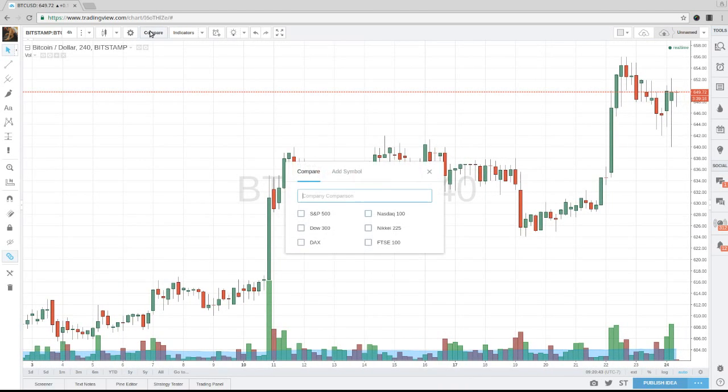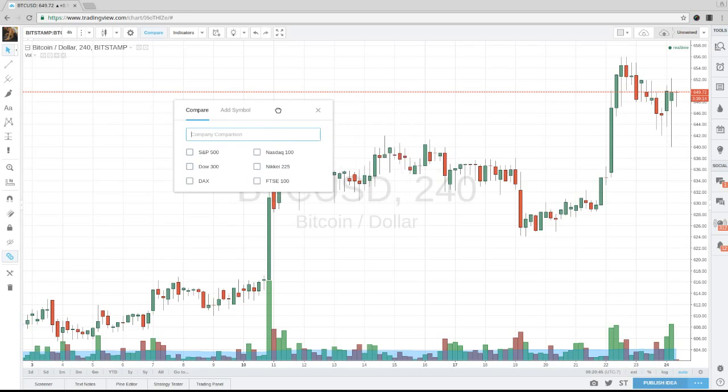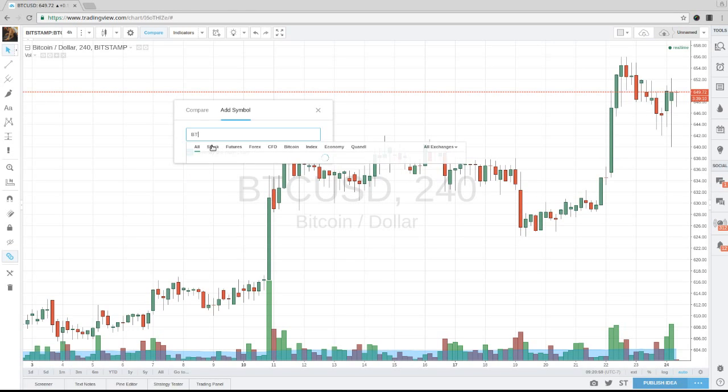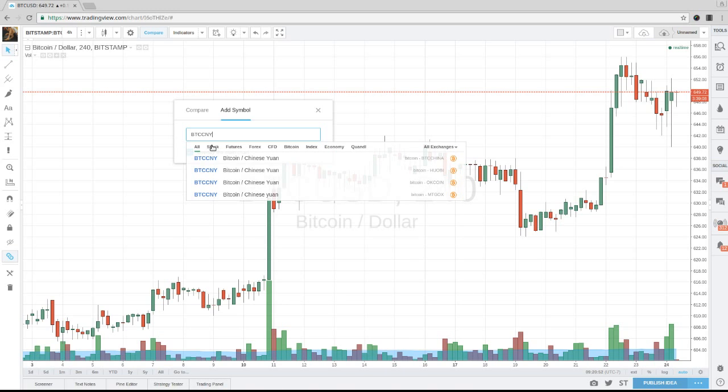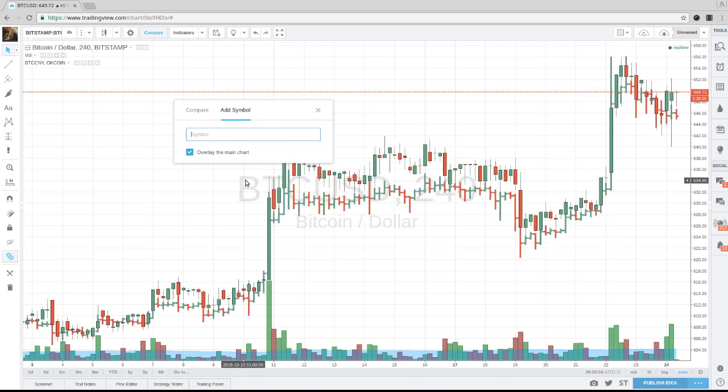Now we're going to go ahead and look at compare. If you wanted to, you could add a symbol. Let's just add BTCNY, BTCCNY. This will add a symbol on the chart. In this case, it's doing the bar lines.